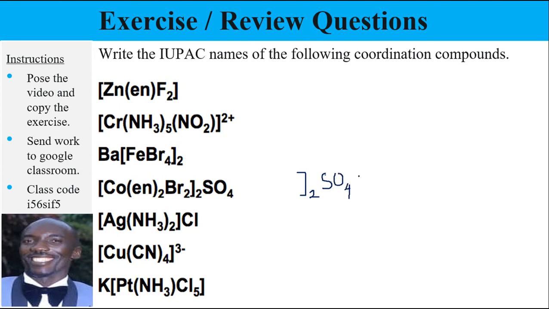And we are aware that a sulfate ion is written like this. So this is its charge, which is minus. Remember, I said that as long as we have an anion at the end, then automatically the complex would be having a positive charge. So this 2 is the one which is here.